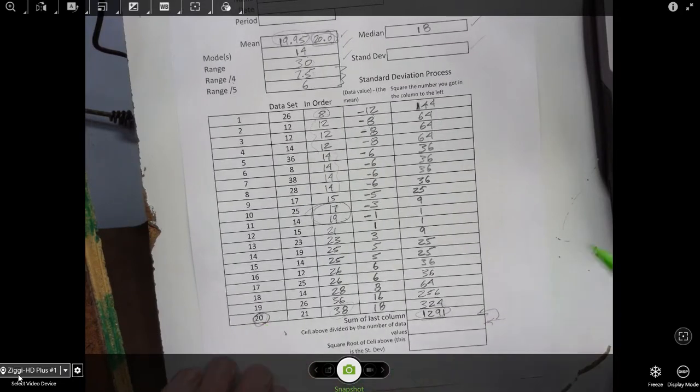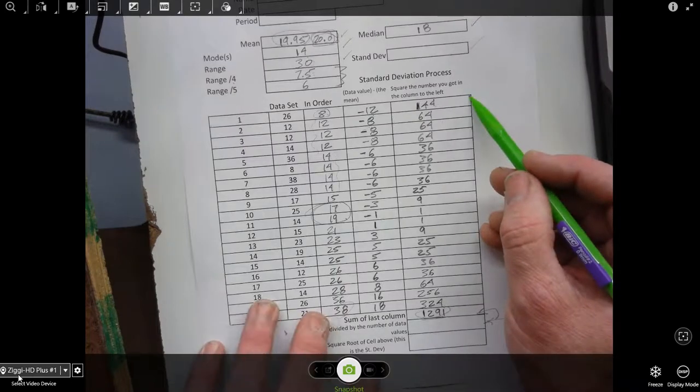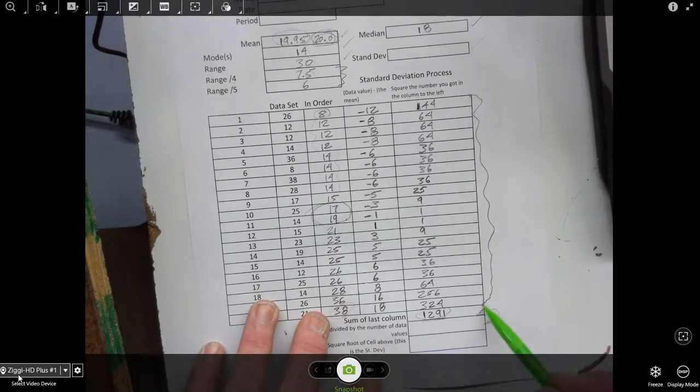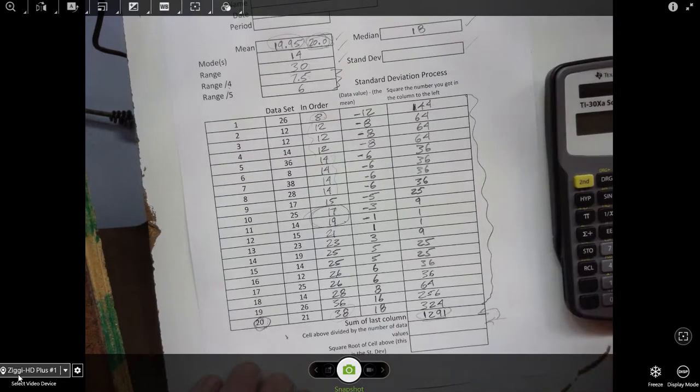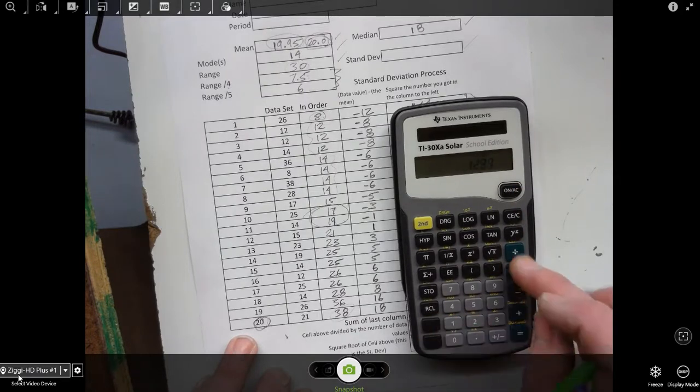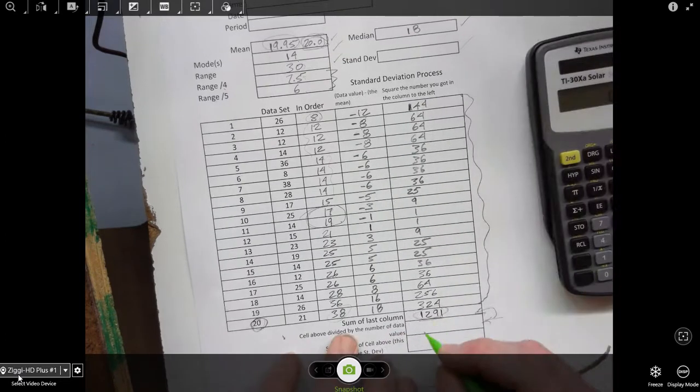I'd like to point out that really what you're doing is finding the mean or the average of all of these numbers. We have 1291 divided by 20. I get 64.55.